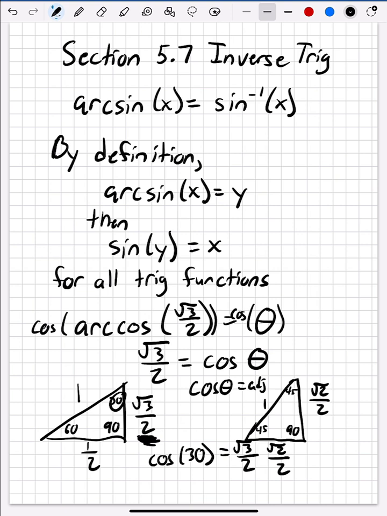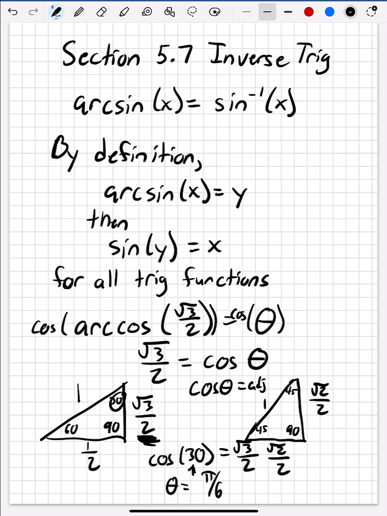All right. So to answer that in radians, well, anyway, if you do look at your unit circle or don't know it exactly well, then we would know that the theta that corresponds with 30 degrees is pi over 6.